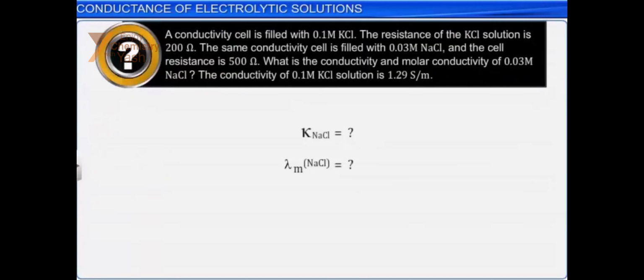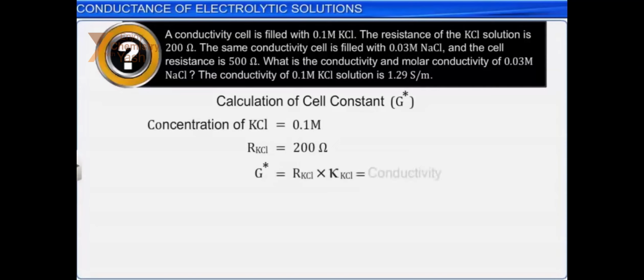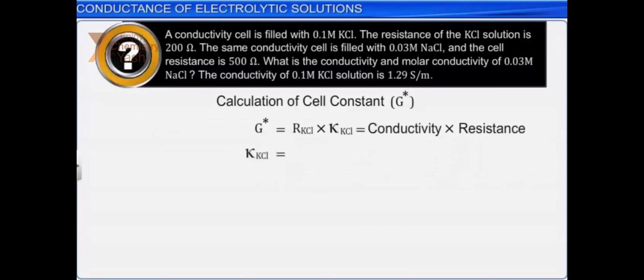Here's our strategy. First, we need to find the cell constant, G star. We can do this by using the information given about the KCl solution. We know that G star is equal to conductivity multiplied by resistance. Given that the conductivity of a 0.1 molar potassium chloride solution is 1.29 Siemens per meter.